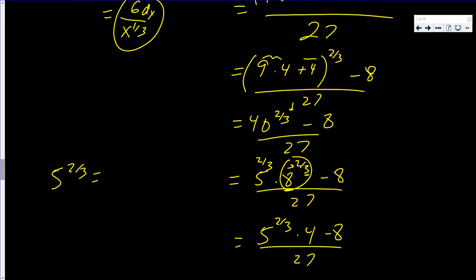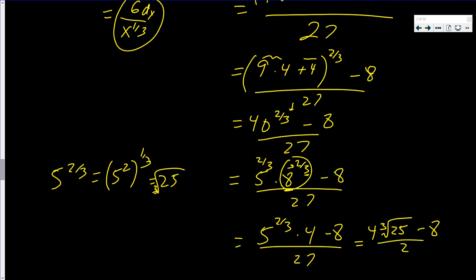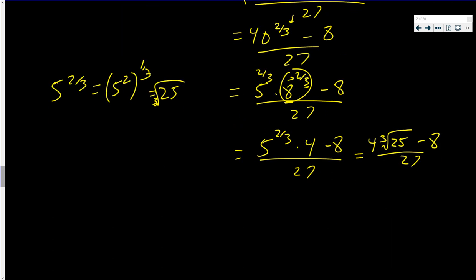I'll do one last thing. 5 to the 2/3 is 5 squared to the 1/3, which is 25, the cube root of 25. So I'll write the 4 first, and then we have the cube root of 25 minus 8 over 27. My goodness, this problem's never going to end. I can pull out a 4.